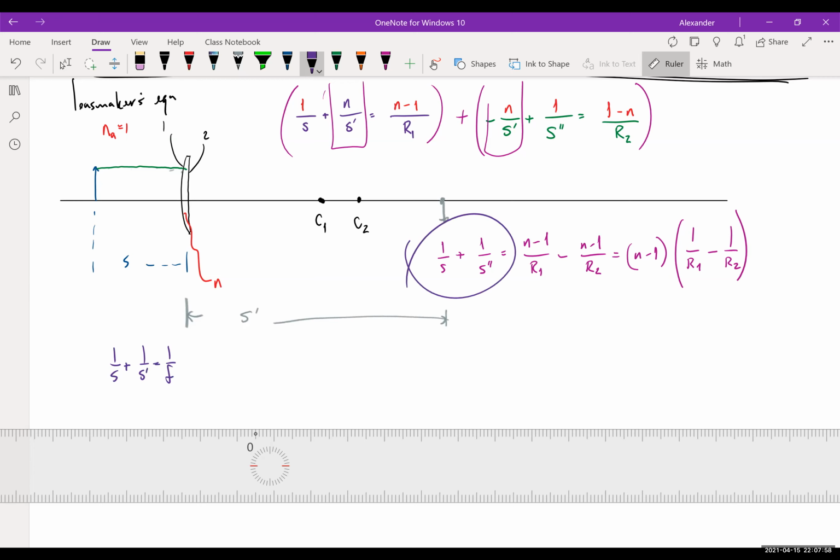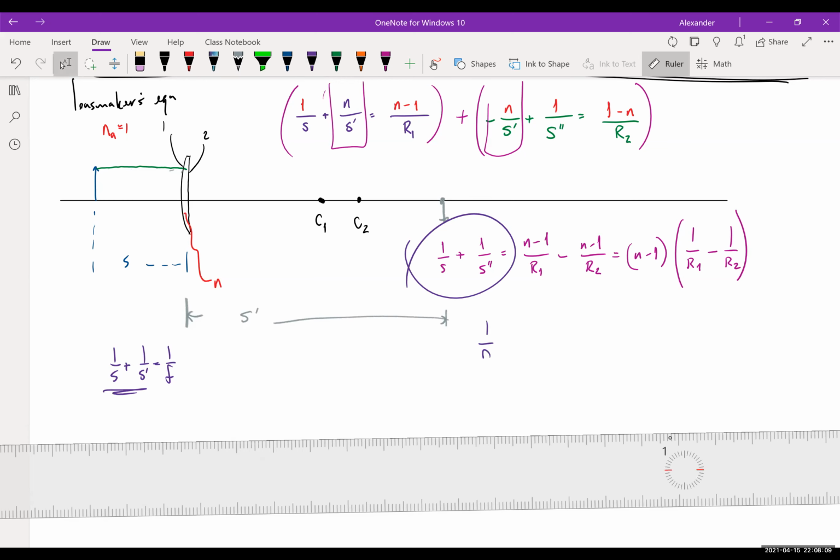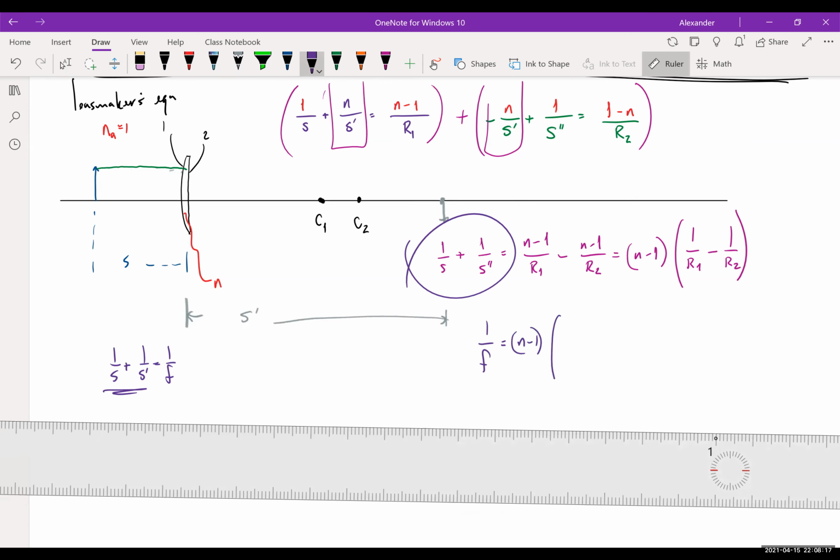But all together, we've got an object and a final image. That's this. So that means the focal length of the effective combination of the two surfaces, and that's the Lensmaker equation.